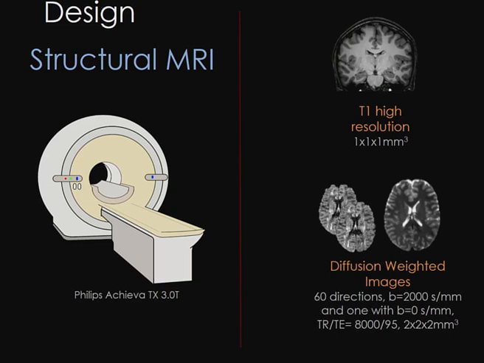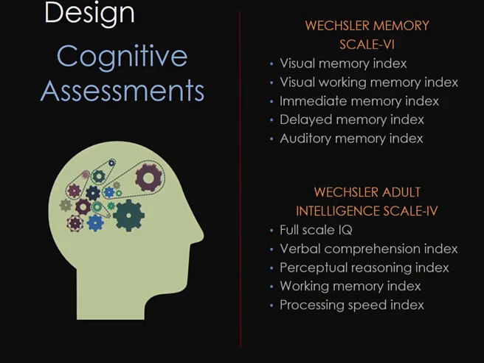So we use a Philips Achieva 3 Tesla. We acquired a high-resolution T1 and 60-direction diffusion-weighted images. We did a full-scale cognitive profiling with the Wechsler Memory Scale and Adult Intelligence Scale. All our participants did all these things.